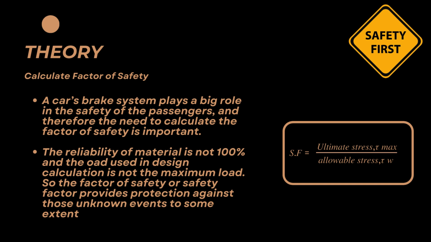So the factor of safety, or safety factor, provides protection against those unknown events to some extent. To find the factor of safety, we need to find the ultimate stress, which is T max, divided by the allowable stress, which is T W, and then we get the factor of safety.